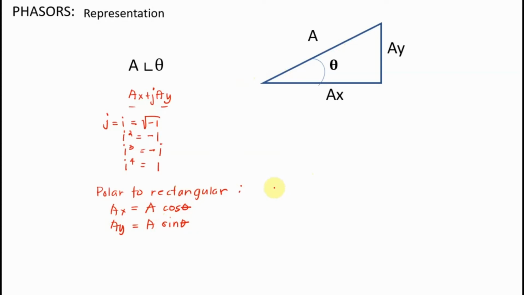You can also change this from rectangular form to polar form, which is the polar components. We know that A is equal to, from the rectangular components, this is a right triangle, so you have here 90 degrees. This is your vertical and the horizontal.